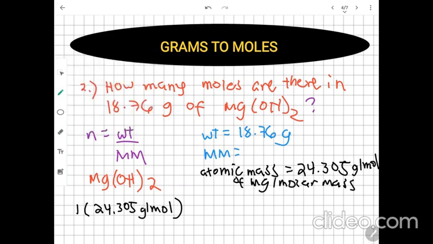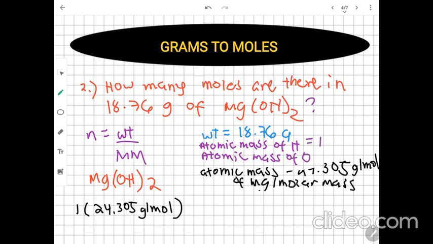For the molar mass of our hydrogen and the molar mass of oxygen, again, their values are the same as the atomic mass values.